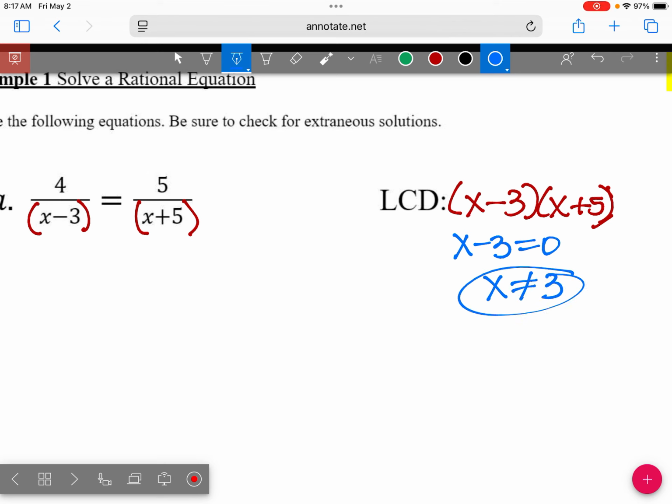That's one answer I cannot use. And if you said x plus 5 equal to 0, that means x cannot equal negative 5. Okay, so these are the only two numbers that if this is what we get after we solve it, we are going to need to cancel it out.